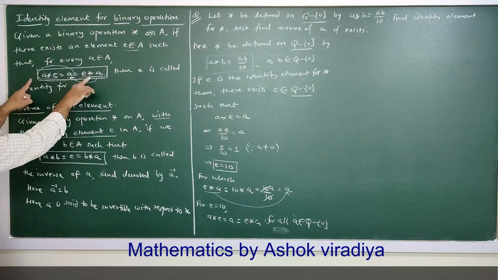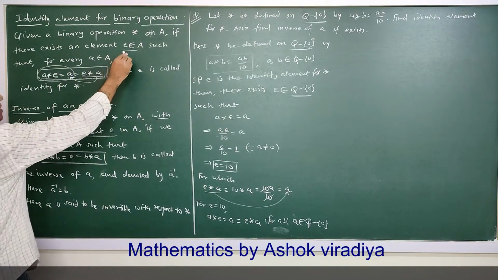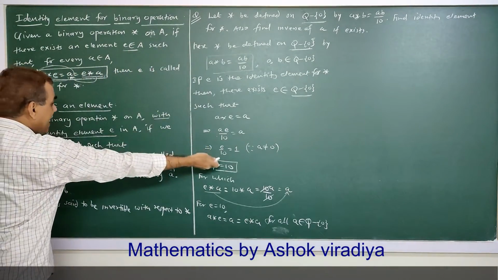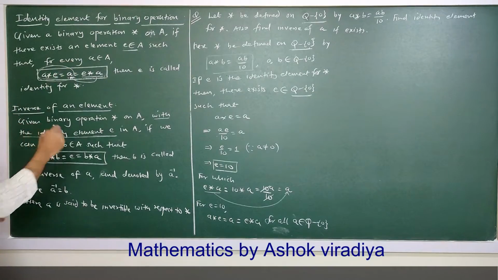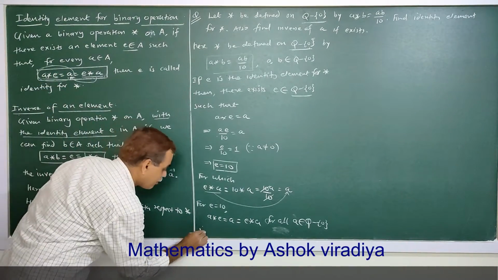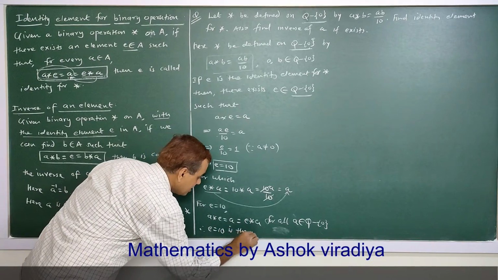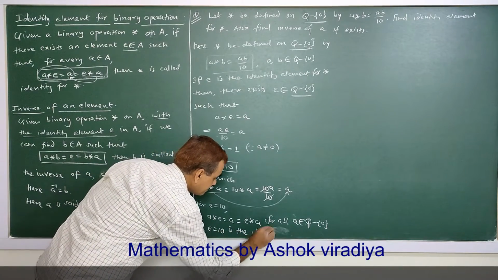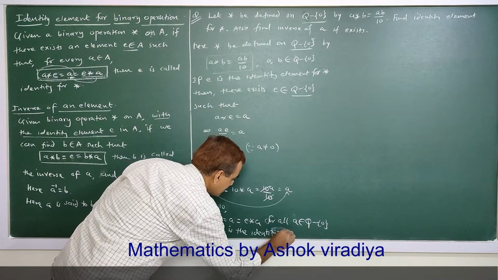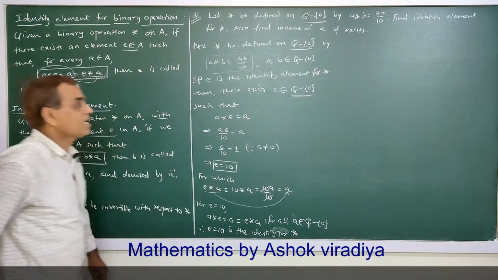So this is satisfied. Therefore the 10 we have obtained is the identity for star. Therefore E equal to 10 is the identity for the binary operation star.